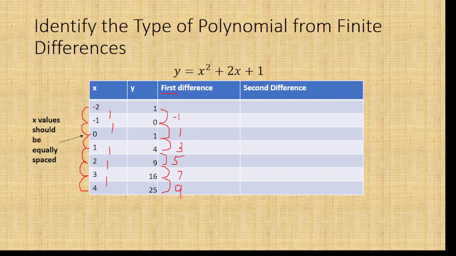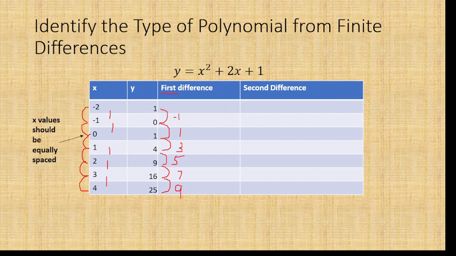So these values, obtained by subtracting consecutive values of y from each other, are the first difference: -1, 1, 3, 5, 7 and 9. Now if we look at these first difference values, we find that they are not the same. They are not equal to one another.